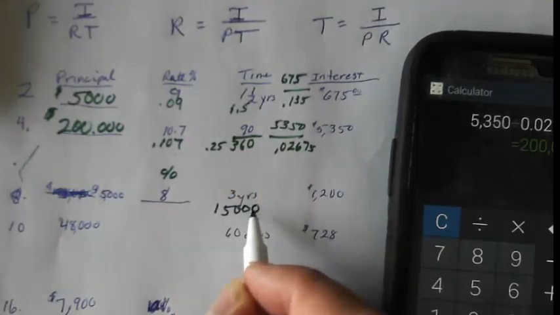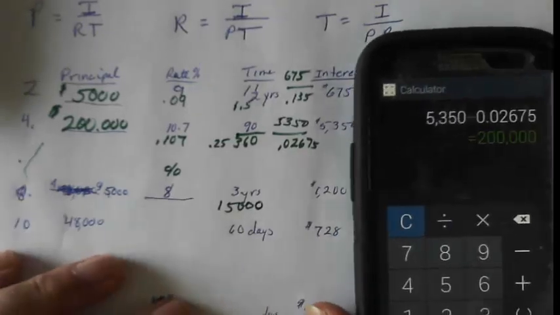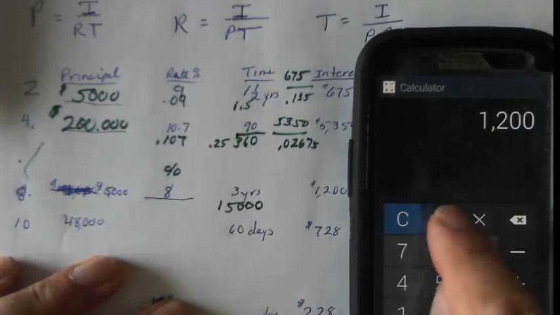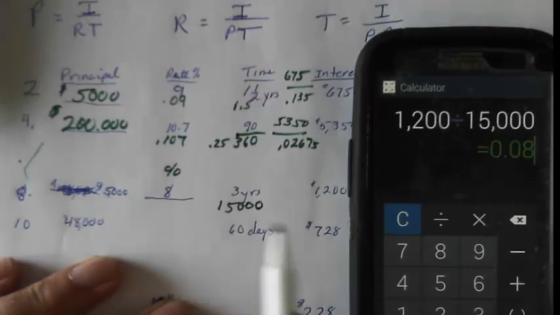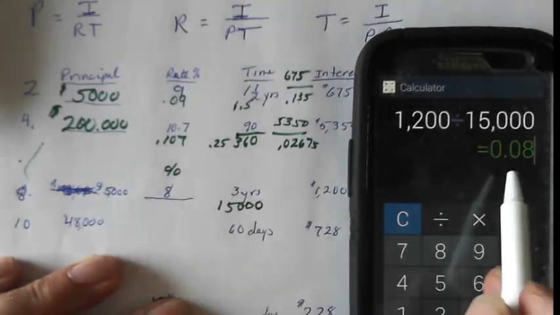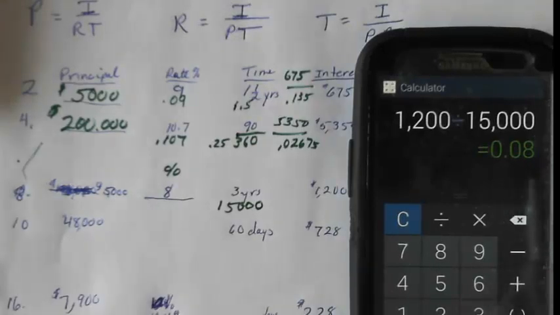We don't need the calculator for that. And then we take the interest divided by that, though. So if we scoot the calculator over here, we have 1,200 divided by 15,000. So 0.08, we move that to a decimal. That's how they got the 8%. They just changed the 0.08 to a percent, moved it over.